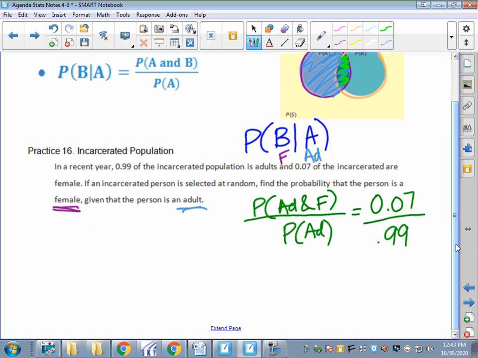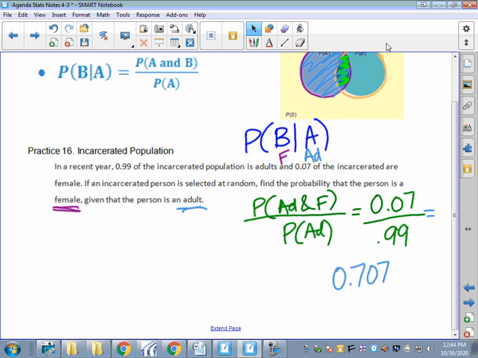So let me do a little dividing. 0.07 divided by 0.99 is like 0.707. So 71% probability that the selected person is a female, given that we have drawn an adult. So we're only looking in the adult population and then female. So those ones watch out for.